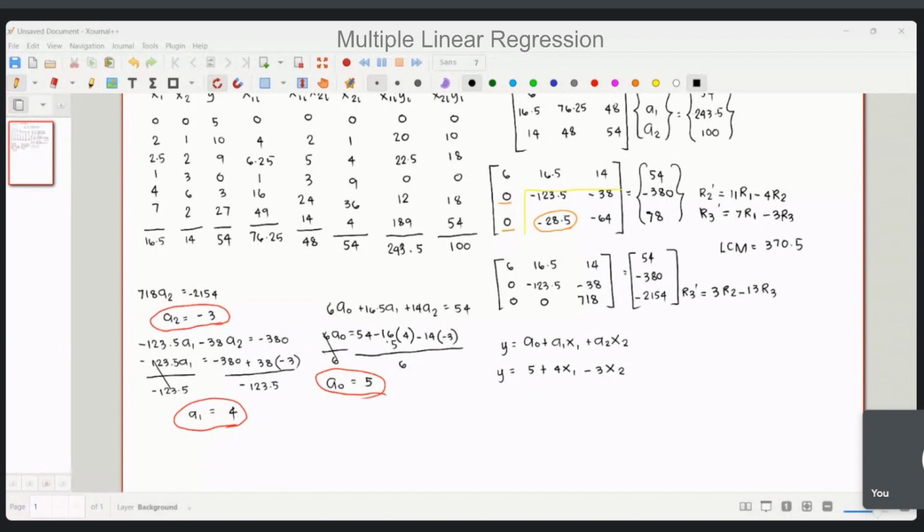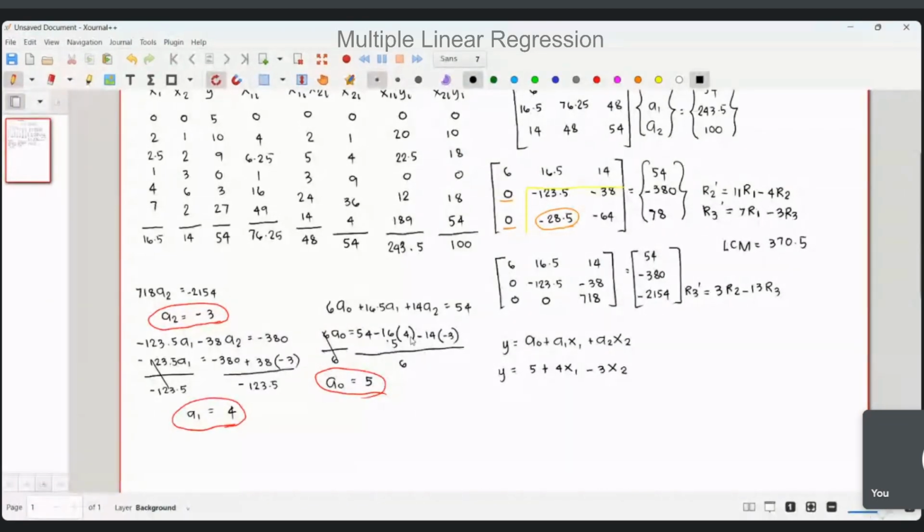Alright. Naka-follow ra ba ang tanan? Yes, miss. Okay. It's the same process with our polynomial regression using Gaussian elimination class. So this is our final equation.